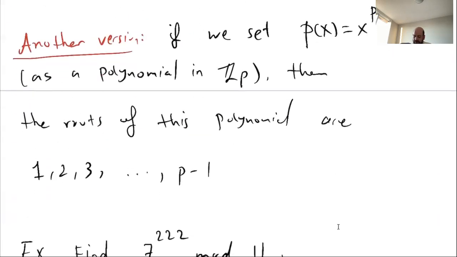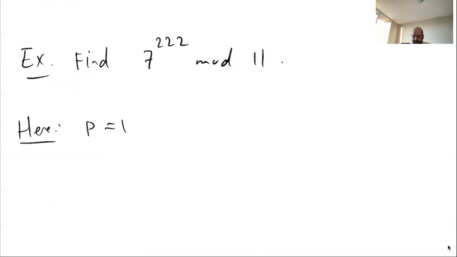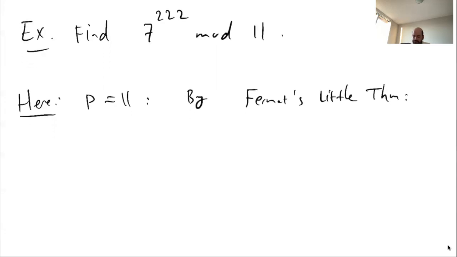Now, what is my p? What is the prime number here? So here p is 11. Every calculation is done mod 11. So by Fermat's little theorem, what can I say?